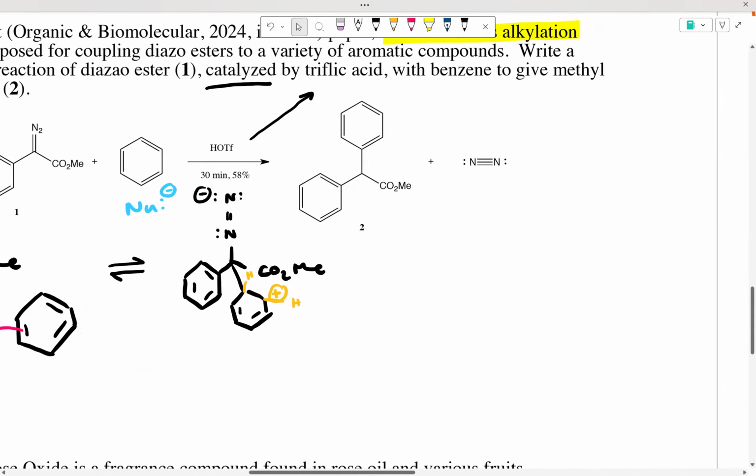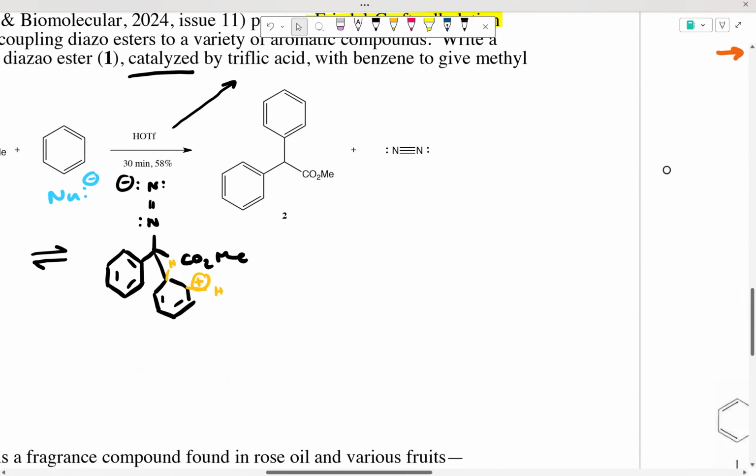And what's going to happen next is that N2, nitrogen gas, is a good leaving group. So how is it going to leave? It's going to leave because the top nitrogen is going to donate its electrons to the double bond.